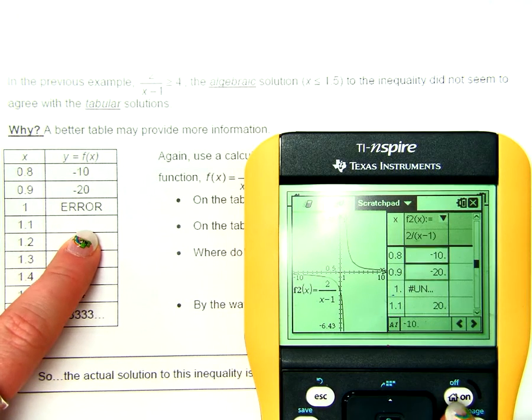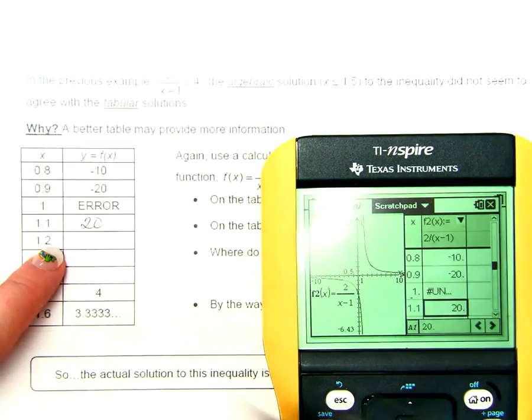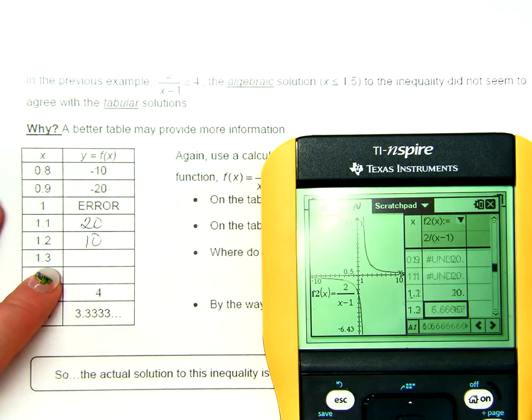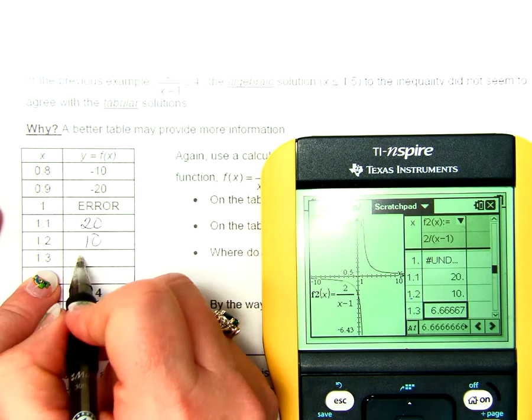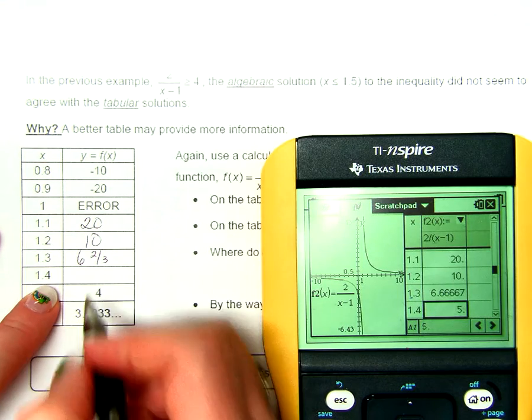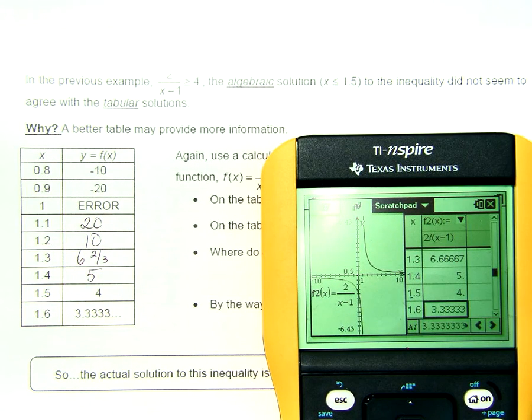What's 1.1? 20. What's 1.2? 1.3? 6 2/3? 1.4? 5, and then 1.5 is 4, and 1.6 is 3 1/3. Okay?